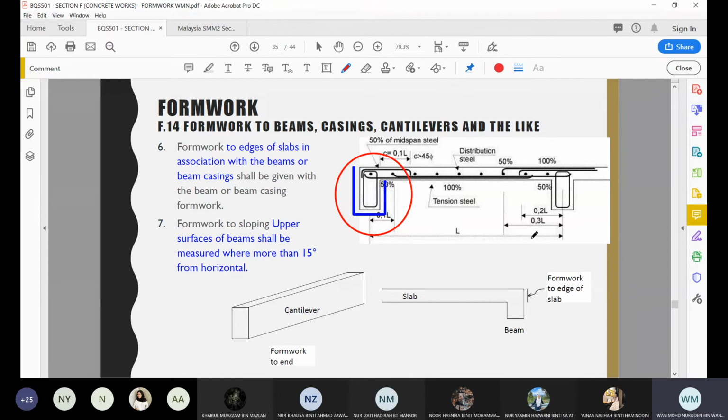Okay, number 6. Okay, formwork to edges of slab, in association with the beam or beam casing shall be given with beam or beam casing formwork. Apa maksudnya? Kita nak buat beam, tapi di atas beam kita tu ada slab. Okay. And bila ada slab, katakanlah slab macam ni.